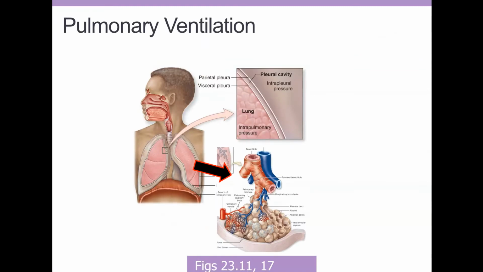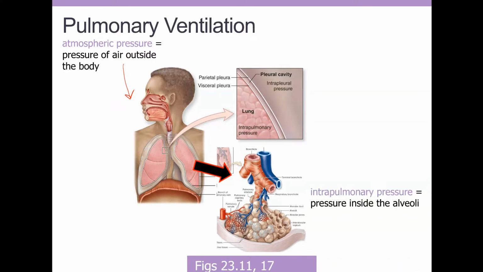All right, so now let's look at a little more depth about these different spaces and pressures that we're going to be talking about. So there's going to be atmospheric pressure. Atmospheric pressure is the pressure of the air that's in the atmosphere, that's outside of your body. So that's like out here.